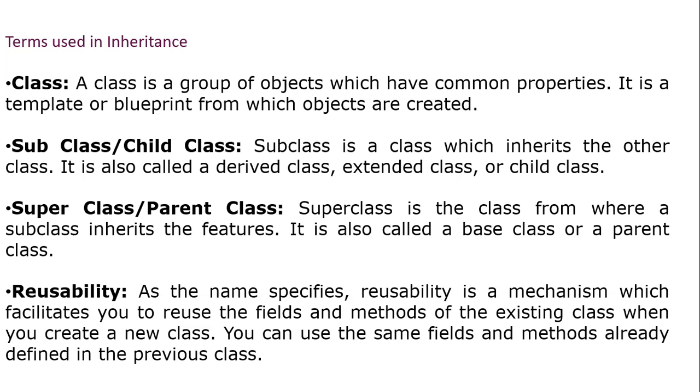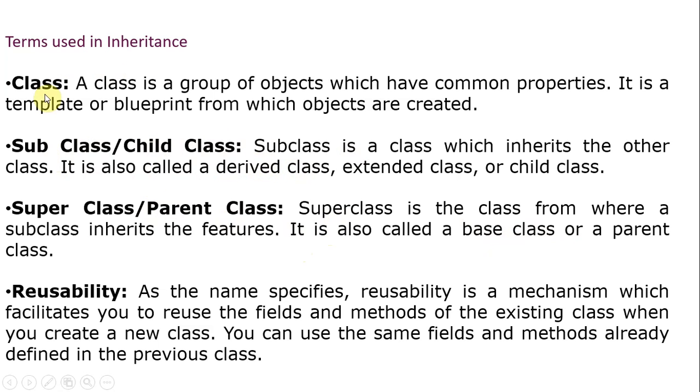Then your parent is called a superclass, parent class, or base class. Whereas you can be called a subclass, child class, or derived class. Different names are there for you.